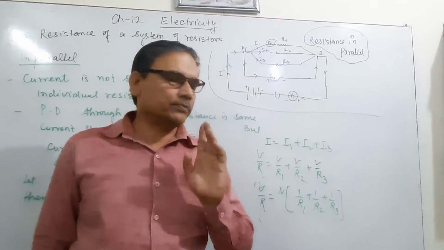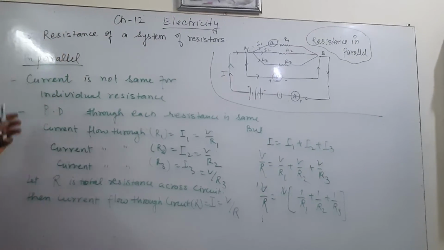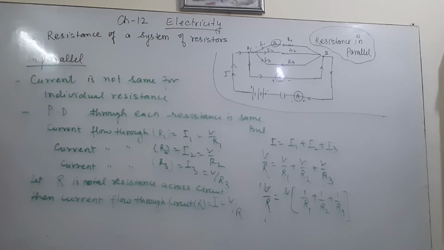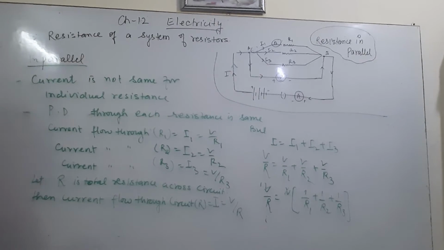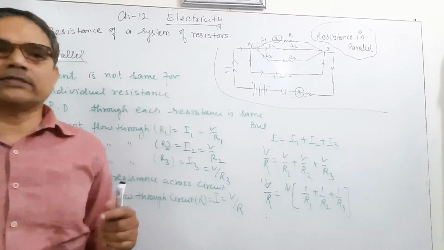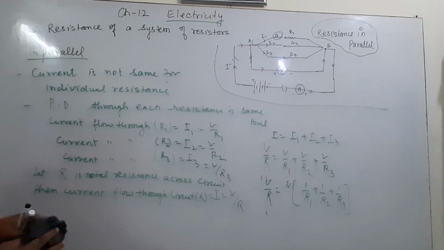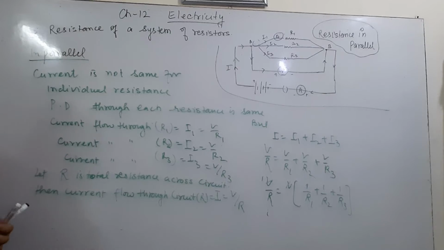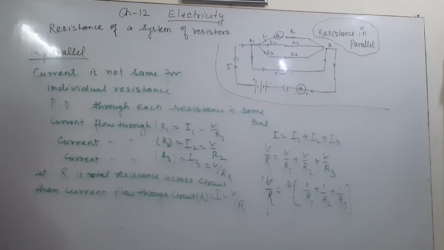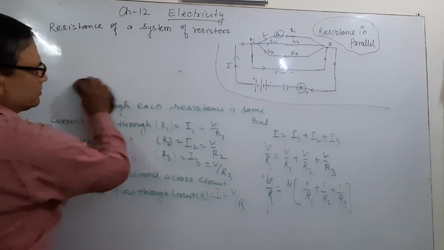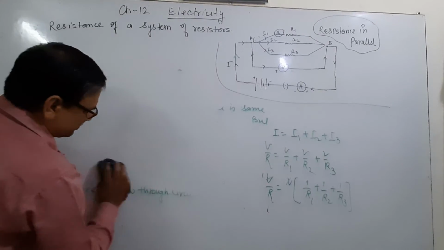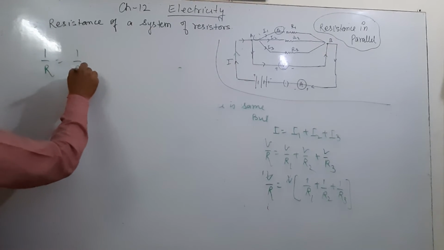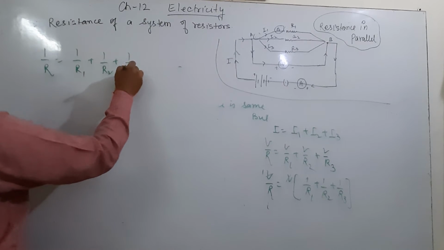I will give you an example. Now this is your proof to find the total resistance in series and the total resistance in parallel. This question is generally asked in board examinations many times. And now, what is the conclusion? 1 upon R is equal to 1 upon R1 plus 1 upon R2 plus 1 upon R3.